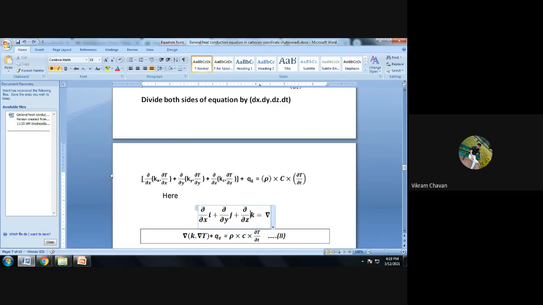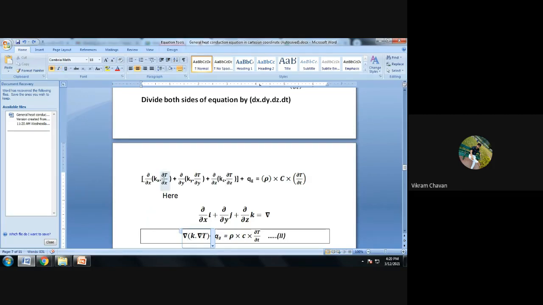For the initial differentiation we have used the del operator, so out of the bracket one del operator. Then k is also varying with respect to the x, y, z axis, so the del operator is for the bracket k multiplied by.